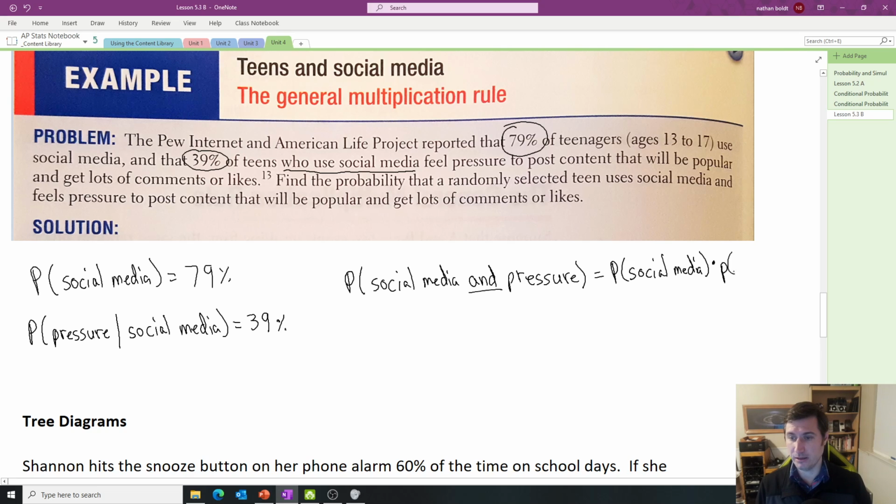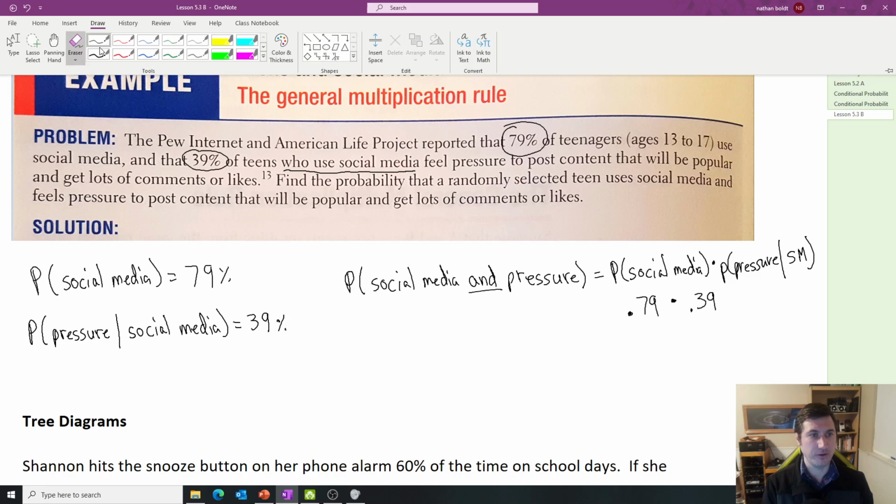The probability of pressure given, I'm going to abbreviate there, given social media. So we just plug in our numbers there. That will be 79% times 39%. I guess I don't need the percent there, do I? And that will give us our answer for both.